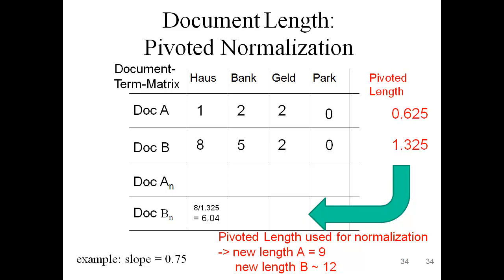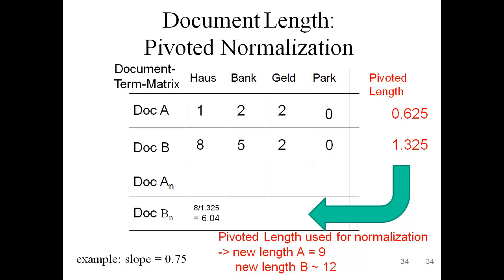In this case, we had the lengths of 5 and 15, remember? Now the new normalization brings that to, not both to 1, 1 to 0.6 and 1 to 1.3. So now the long document is still longer, almost twice as long as the short document, but not 3 times, as it was in the case 5 and 15.